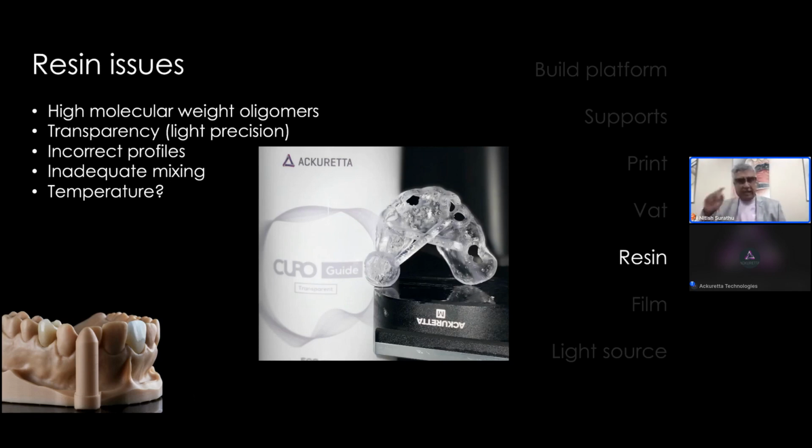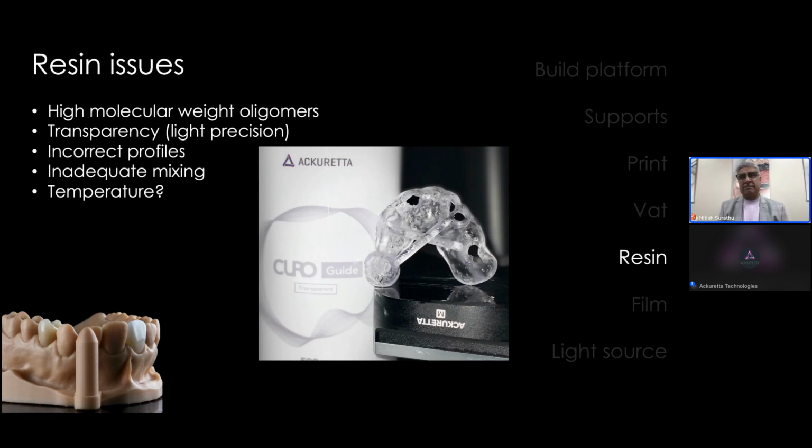Temperature is a big one. If you're going to store your resins, if you live in a cold environment and you store your resins in a cold place, then the resin that you're bringing to the sol is already quite cold.